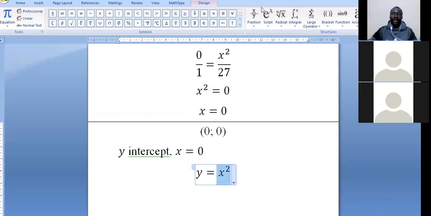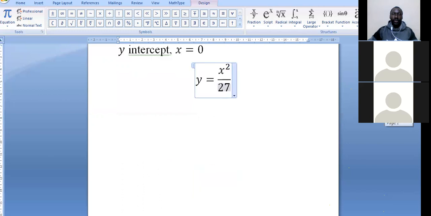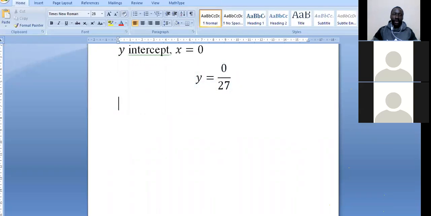When we put 0 for x, what are we going to get? Yes, we are going to get the value of y. And what will it be in this case?